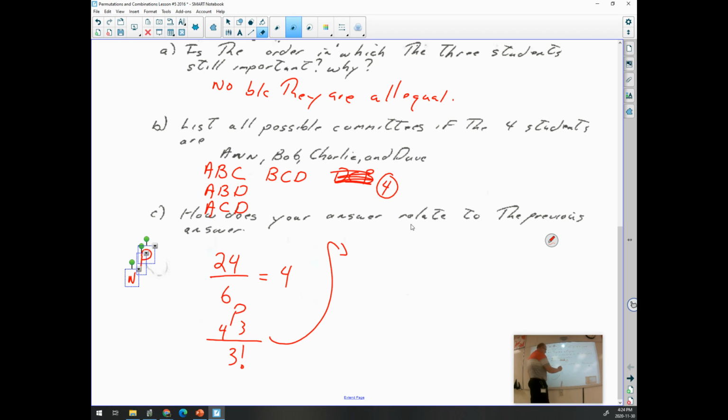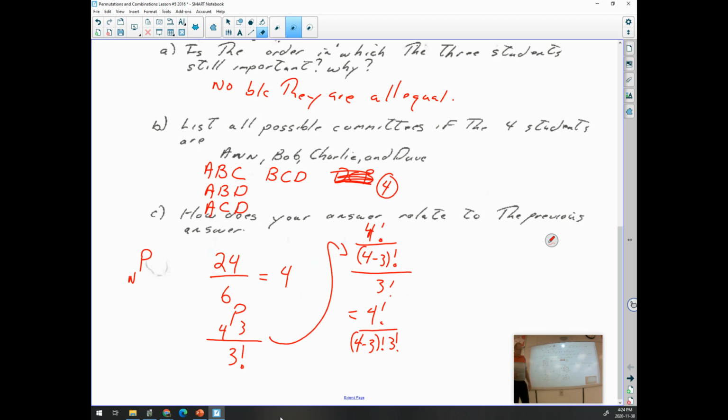What we have here is 4 factorial over 4 minus 3 factorial, over 3 factorial, with a little bit of algebra. So this is a formula that we're going to use in the future. And you notice we're just dividing by, again, the number of ways of arranging the objects that we are choosing.